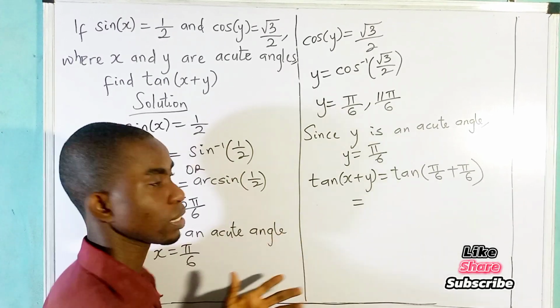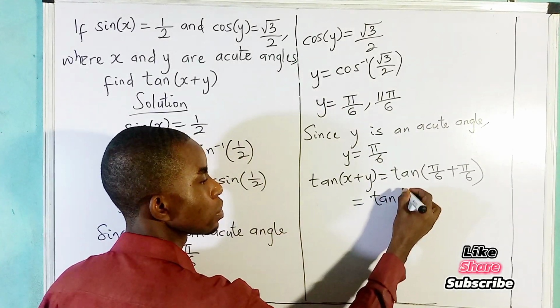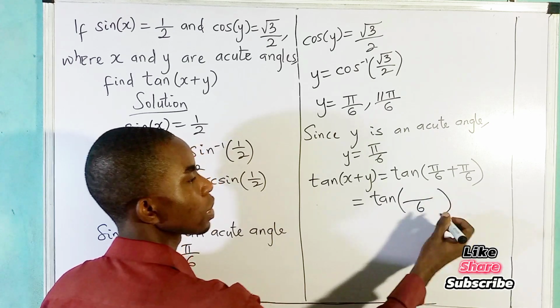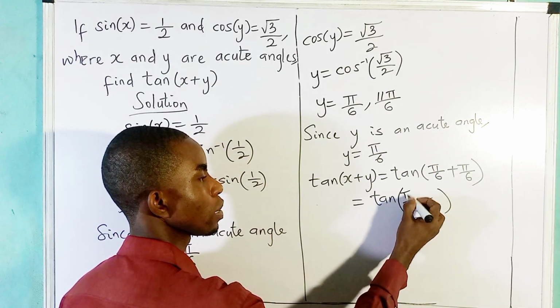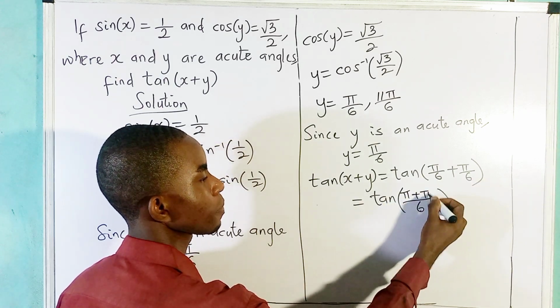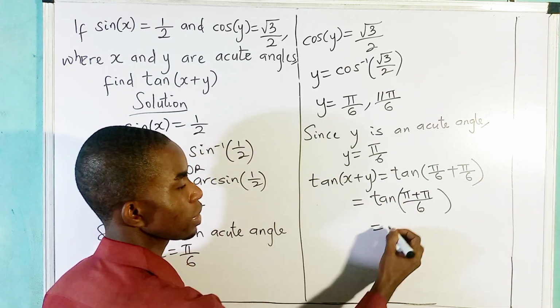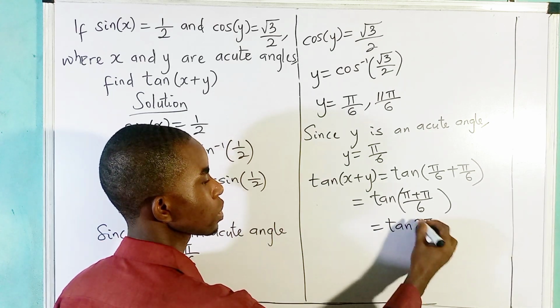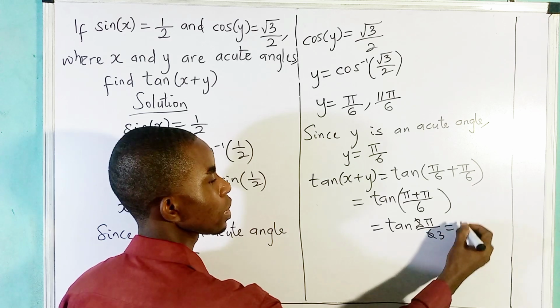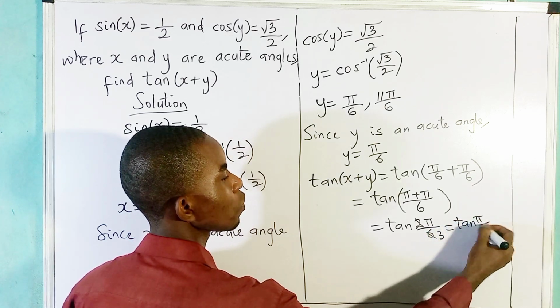In fact, both of them are 6. So this is tan of (pi + pi) over 6. That's 2 pi over 6. This will divide as 3. So we have tan pi over 3.